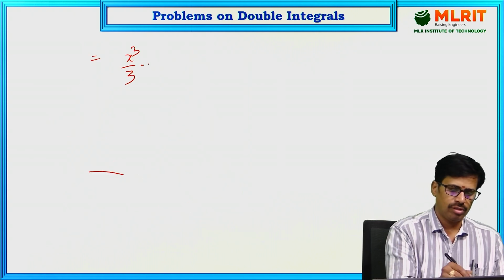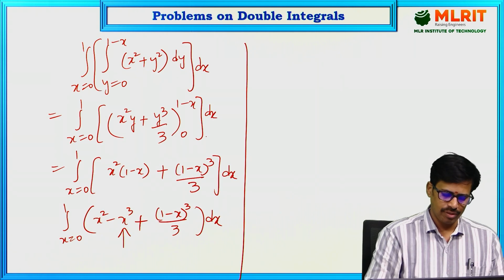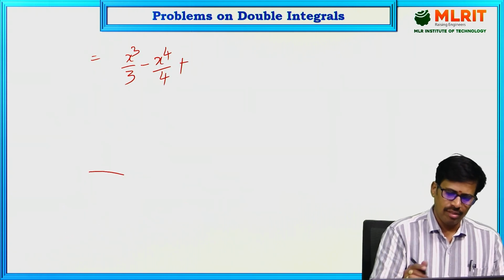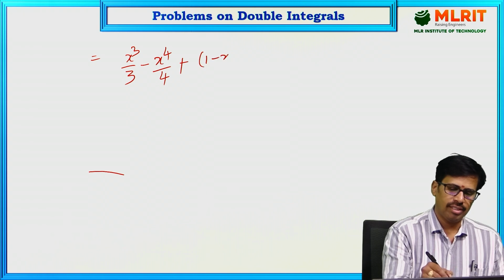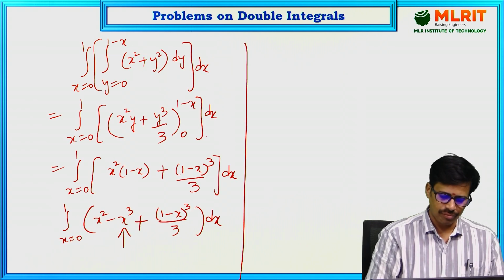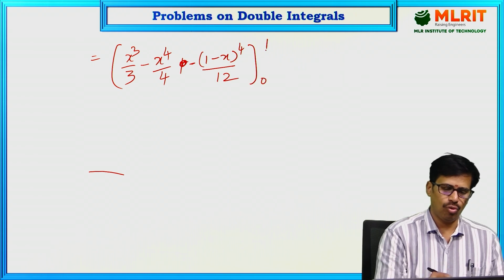So this is x power 4 by 4 plus 1 minus x whole cube by 3 integration is 1 minus x whole power 4 by 4 into 3, 12. So we have, this is minus sign. Already plus is there. So 1 minus x whole cube is 1 minus x whole power 4 by 4 into 3, that is 12.